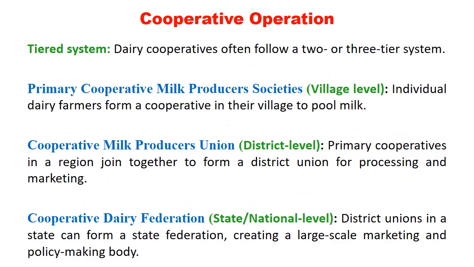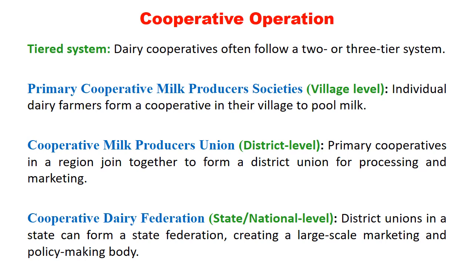Here we will see the cooperative operation. As I have told previously about the cooperative 3-tier structure, sometimes it is a 2 or 3-tier, even a 4-tier system. The first is primary cooperative milk producer societies at village level. Here individual dairy farmers form a cooperative in their village to pool milk. The second is the cooperative milk producers union at district level.